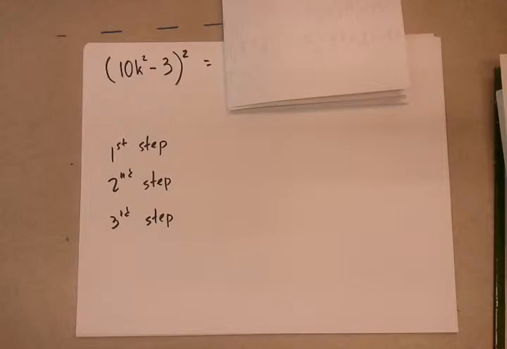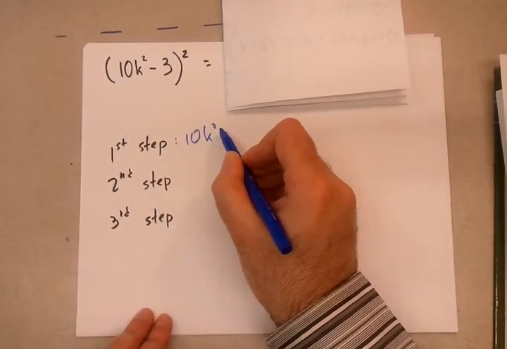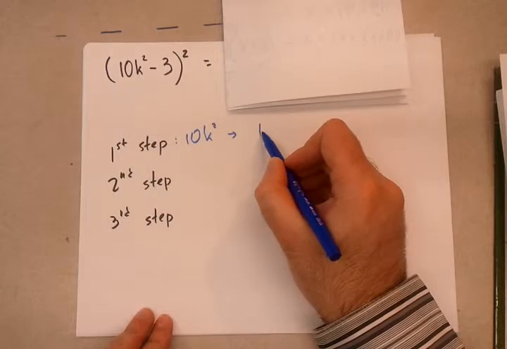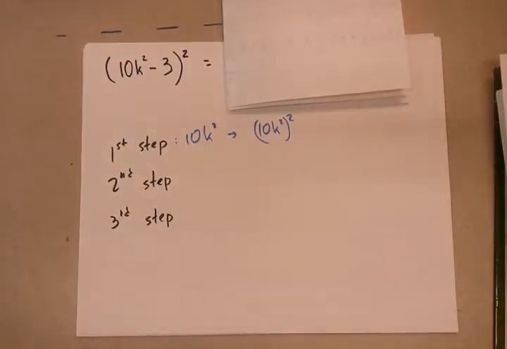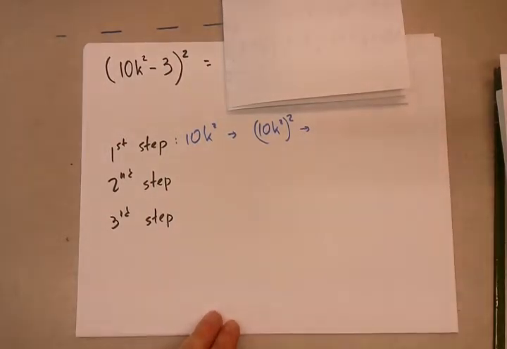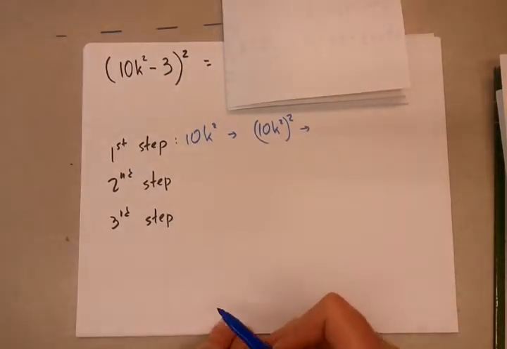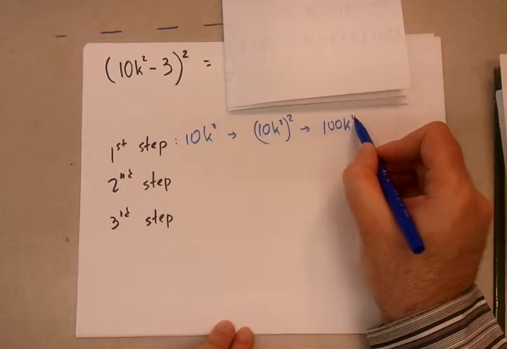So if you recall the steps before, the first term says square the first term, where the first term is 10k squared, and if I square it, I get this. So the entire term squared, which then, if you remember power to the power problems where you can distribute the external exponent to the internal exponent, it's 100k to the fourth power.